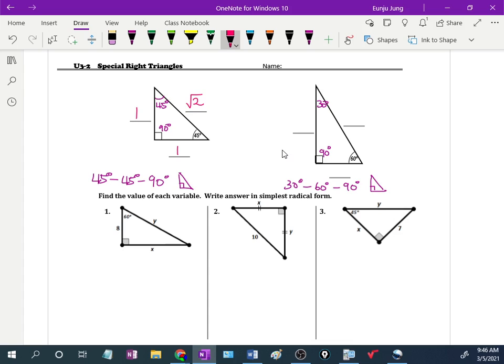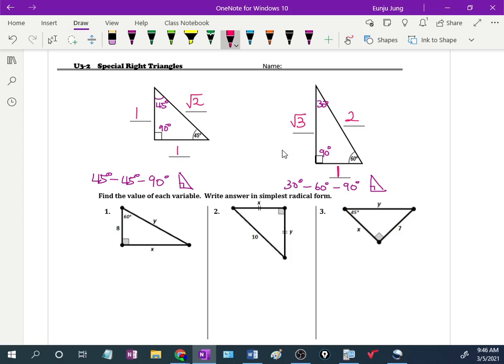If we go with the shortest length as 1, the longest is twice, all the time. Shortest 1, longest twice. And the middle one is root 3 times longer than the shortest one.